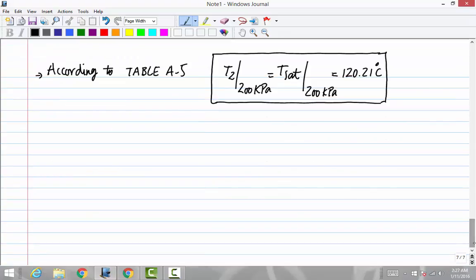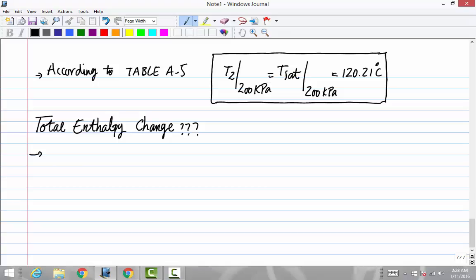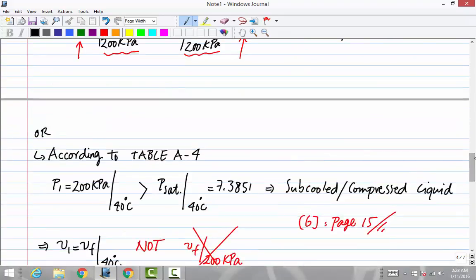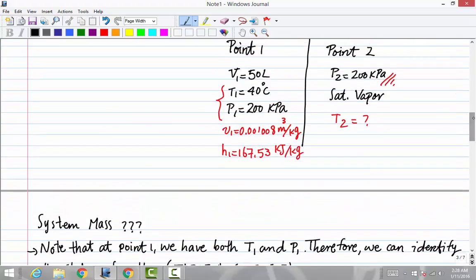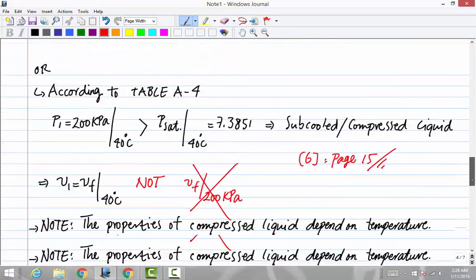And the final part, total enthalpy change. We found 120.21 degrees C. Here we found H1, and if we find H2 as well, then we can find the total change.